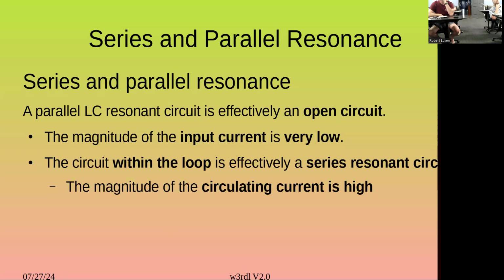You can have circulating currents because the energy in the magnetic field is increasing and then it decreases and that energy gets transferred over to the capacitor for an electrostatic field and it just goes back and forth. If they were perfect inductors and capacitors, it would oscillate forever, but because there's losses, it doesn't, so you have to keep feeding it a little energy to keep it going. But the circulating currents can be extremely high in that case, even though from the outside, it's going to be whatever the voltage divided by R is.